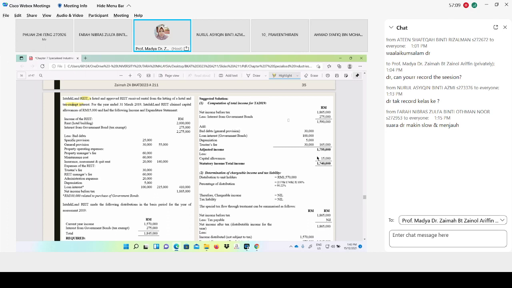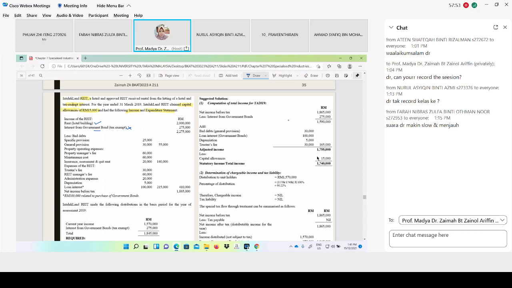For the year ended 31st December 2019, Intellect REIT claimed capital allowance of 15,000. You have two incomes here: rental income from the hotel building, and also interest from the government bond. Just now we learned from the unit trust, if it receives interest from the government bond, it will be exempted from tax. So this is not taxable.